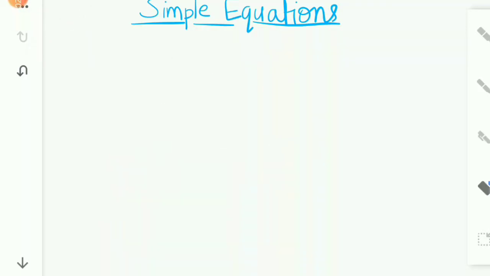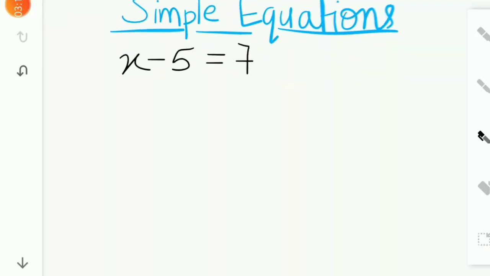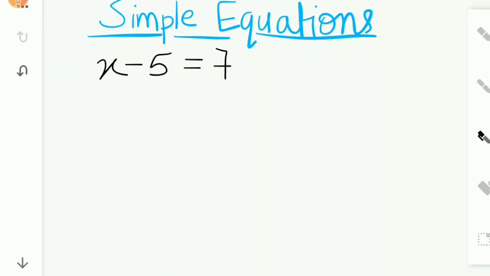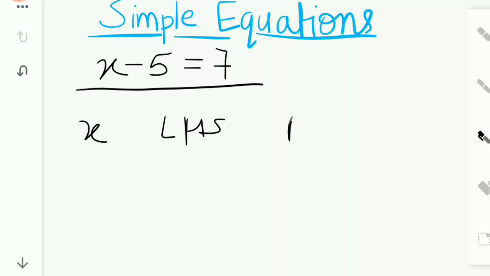The thing about the trial and error method is that if the equation was very simple and very easy, I could solve it with the least number of guesses. But if I have some complicated equation, complicated meaning where we'll need a lot of trials and guesses, we make columns for x, LHS and RHS.